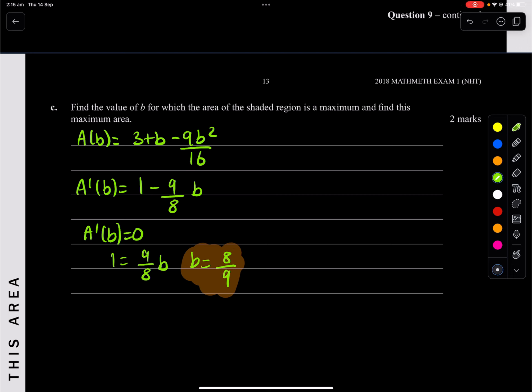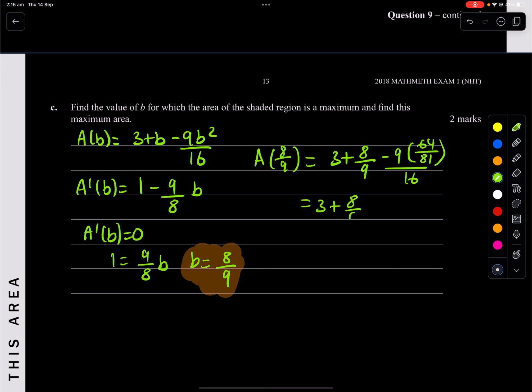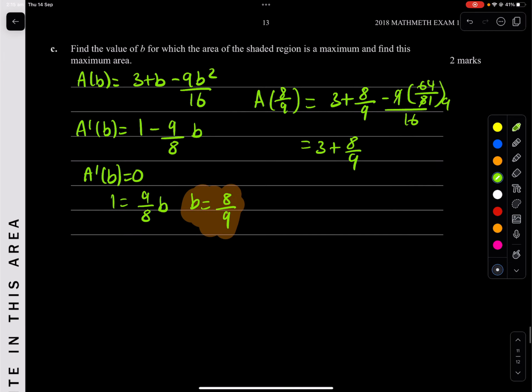We just want to sub that in. So 8 over 9, which will be 2 times 8 over 9 minus 9 times 64 over 81 over 16. So that'll be 16 over 9 minus 64 over 9 divided by 16, which is times 1 over 16.